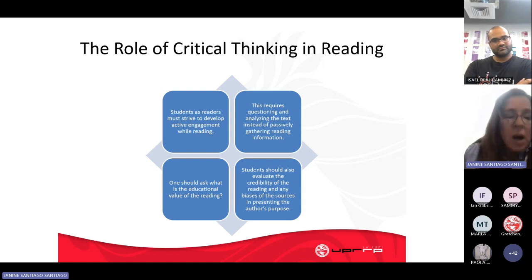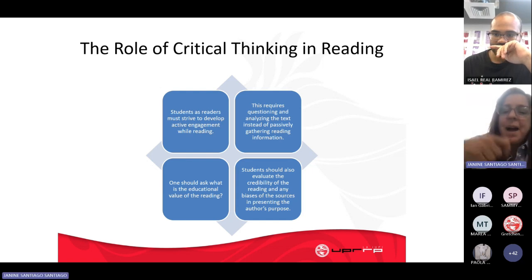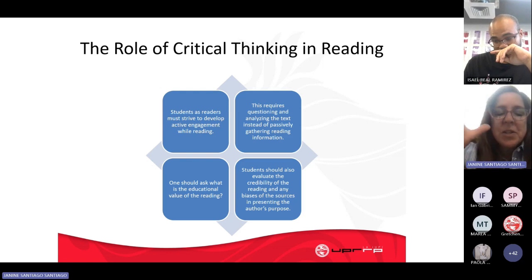In order to have active reading, in order to lead to new comprehension, this is going to require questioning and analyzing the text instead of passively gathering information. And what do I mean here? Many of you have been exposed to the concept of Paulo Freire, ¿verdad? That he promotes an education that leads to freedom.